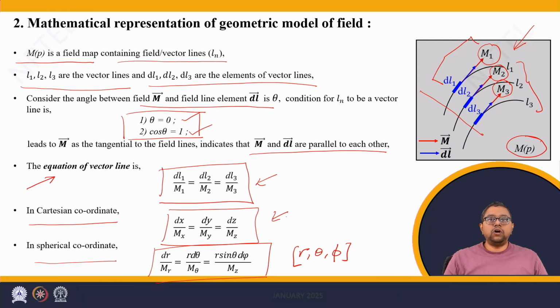So in spherical coordinates, we can see that the respective elemental lines are taken as ratios with the corresponding directional field vectors. From this, the vector line equations can be derived for any given force field. And those lines, when represented on a map or a field over a particular domain, would give us the geometric model of the field.